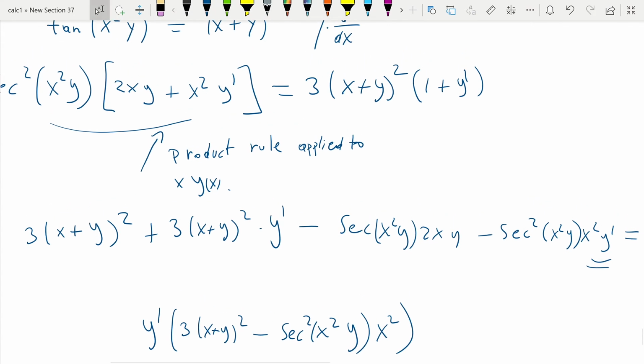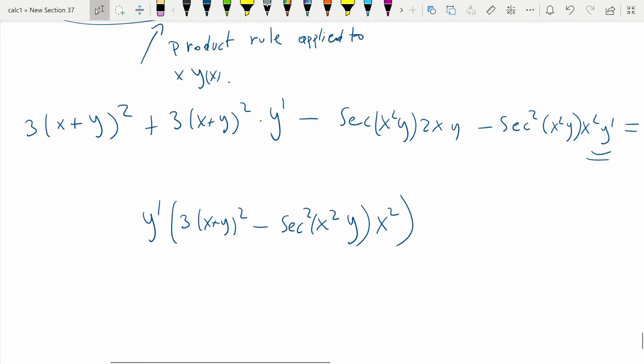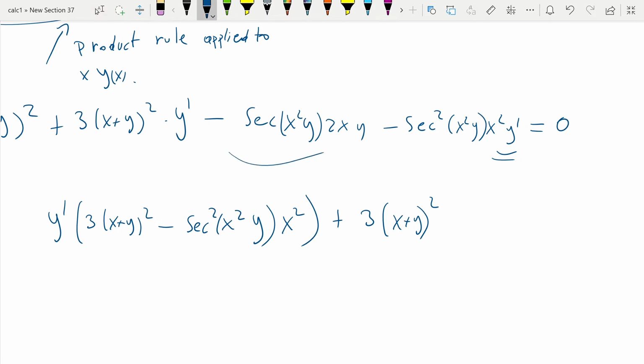Then you have the remaining term, which is 3 times x plus y squared, and minus this last term, minus secant x squared y times 2xy, and all of this is equal to 0.